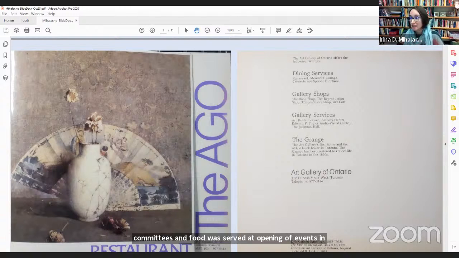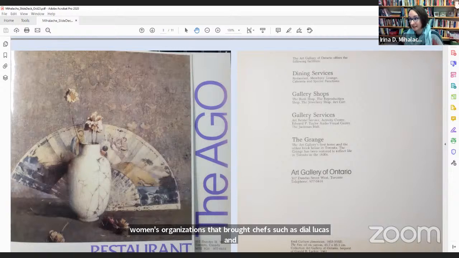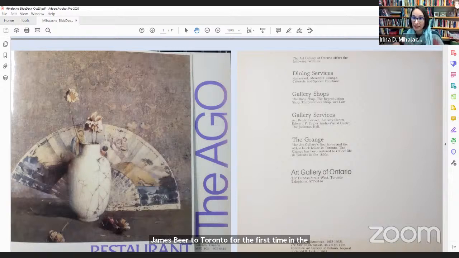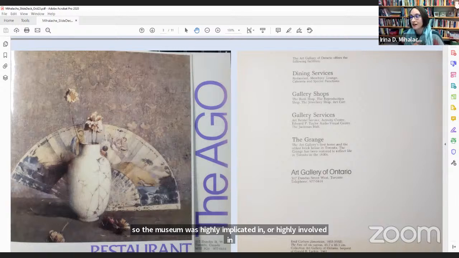The Women's Committee also developed citywide collaborations around food for fundraising purposes. And it is actually the food-centric vision of these women's organizations that brought chefs such as Dione Lucas and James Beard to Toronto for the first time in the 1960s. So the museum was highly involved in culinary networks.